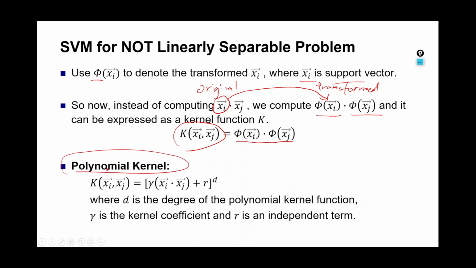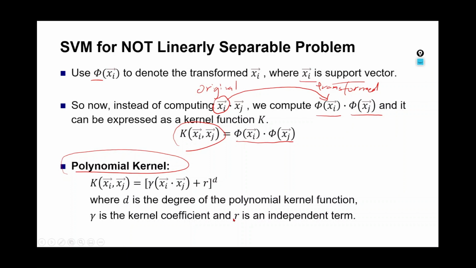It's all about polynomials, right? K of xi, xj is equal to gamma times xi dot xj, where this is a dot product, literally meaning the xi vector multiplied with the xj vector, plus another term r, all to the power of d. So what are they? d is the degree of the polynomial kernel function, gamma is the kernel coefficient, and r is the independent constant term.